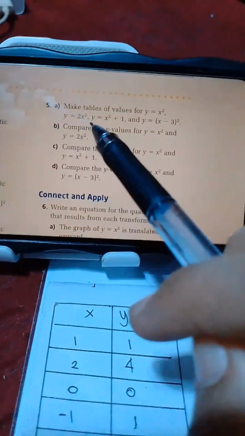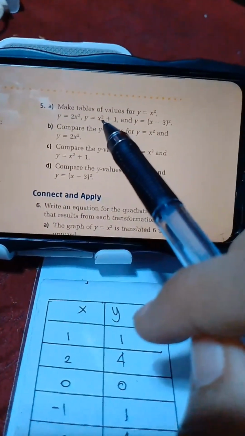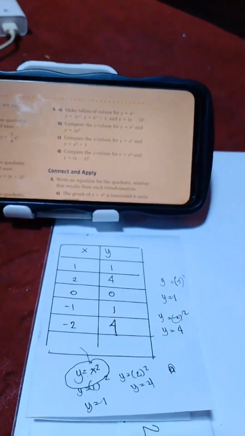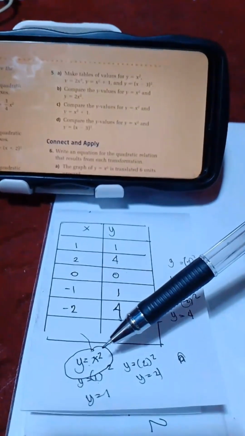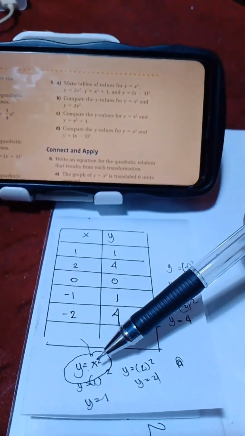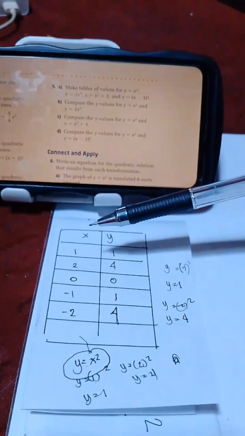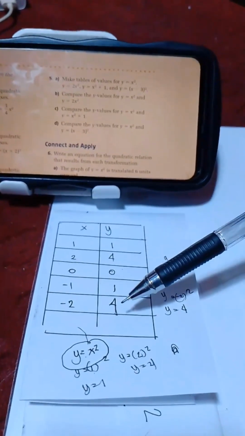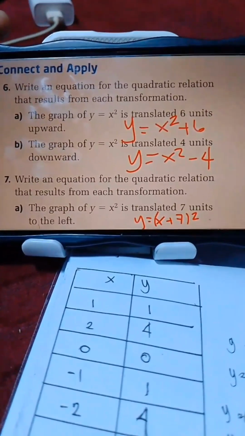For 2x squared and x squared plus 1, you can simply do the same thing. Just substitute the value of x and then you can find the values of y.